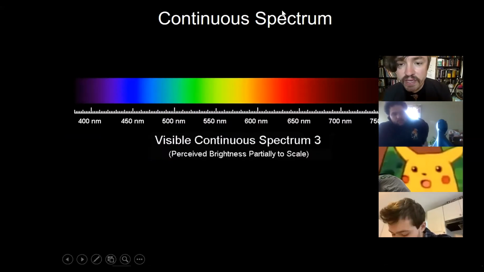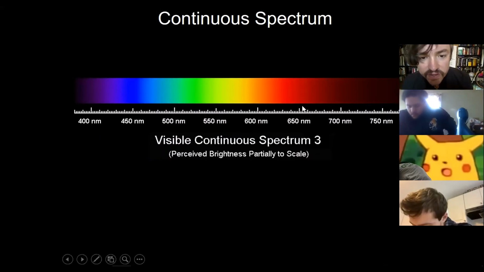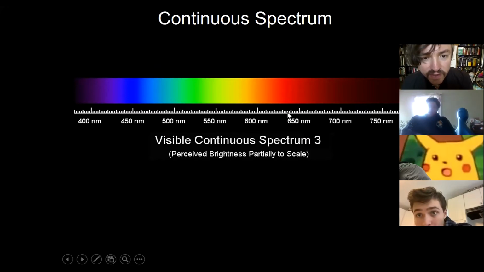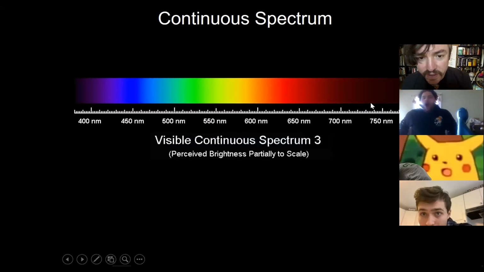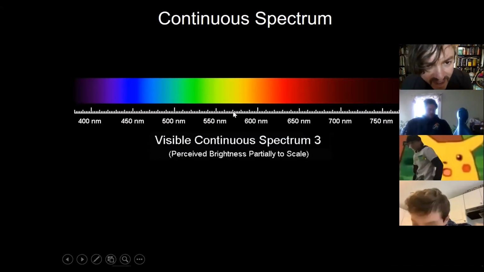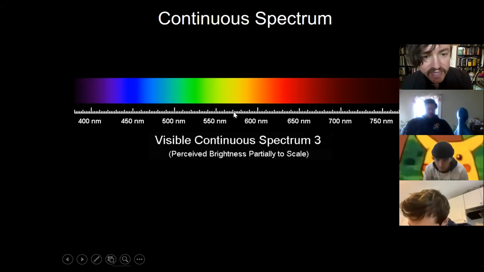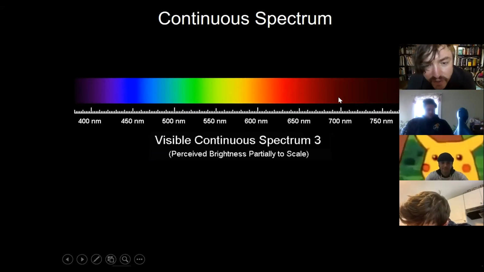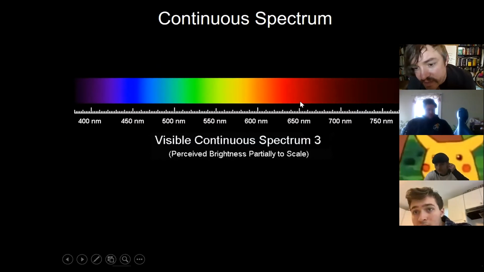So what you can see is red starts somewhere around 630 or 640 and goes all the way to 700. Orange is kind of 600 to 620 or so. Yellow goes from 560 to maybe 590. Our perception of color is psychological. These are all just wavelengths of light, but your brain doesn't think in terms of numbers. It thinks in terms of color feelings.